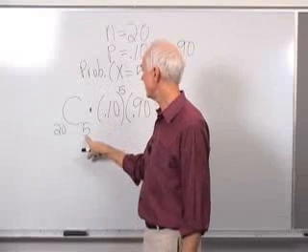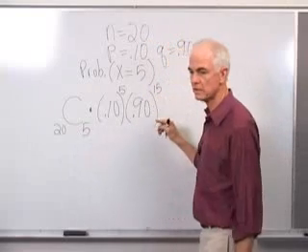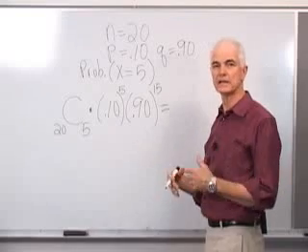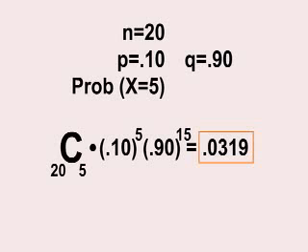That is, if we want 5 defects out of 20, then we are going to have 15 good parts out of 20. When we work this out using a calculator or a computer, we get 0.0319.